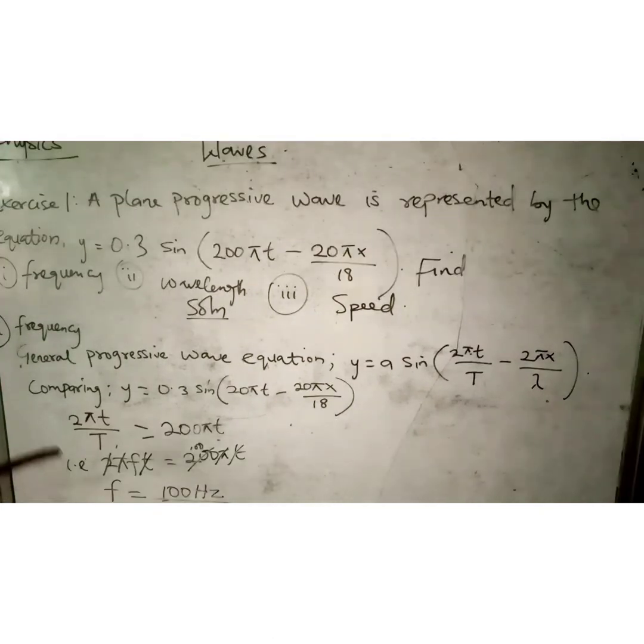Comparing, we have that 2 pi t all over period is equal to 200 pi t, and 2 pi f t is equal to 200 pi t. Divide both sides by 2 pi t. We now have f is equal to 100 Hz. So our frequency is 100 Hz.